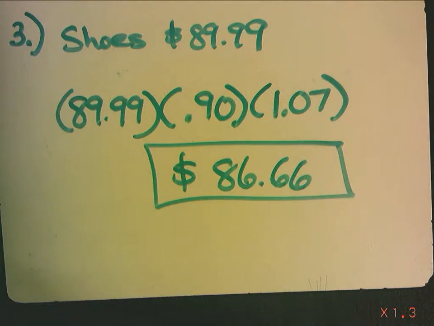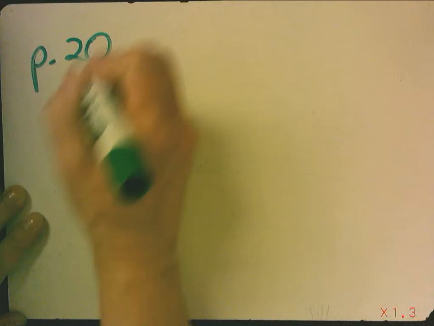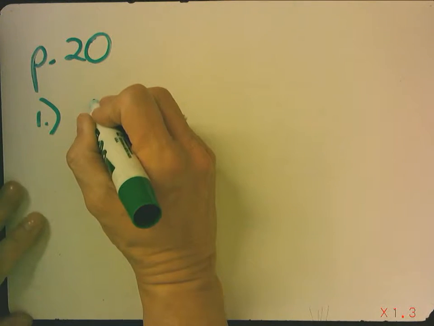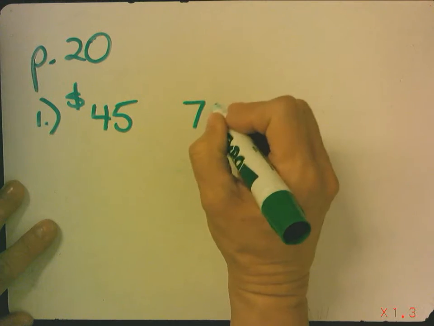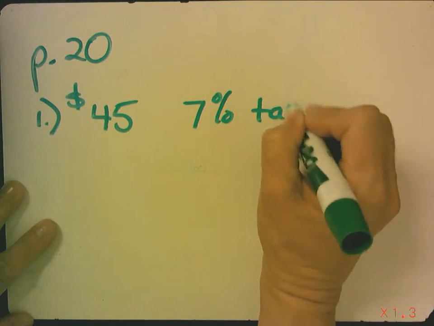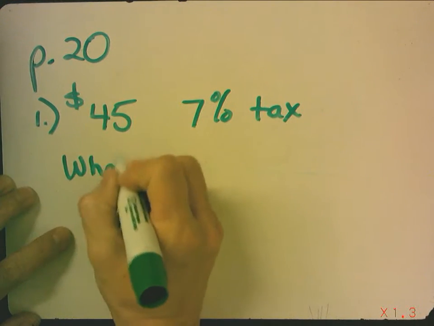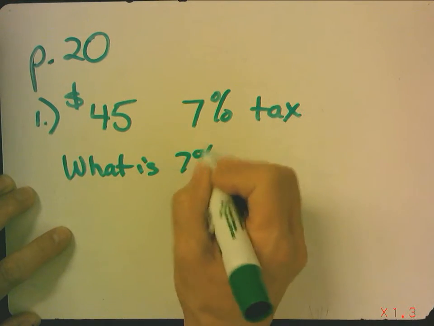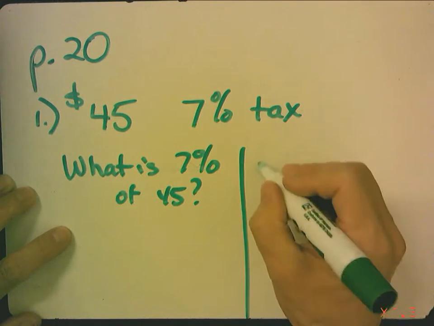Now, turn to page 20, and we'll do a few of those problems. Okay, so let's look at page 20, number 1. So this is just saying you have a $45 sweater and you pay a 7% tax. So we could say, what is 7% of 45? And solve that two different ways.